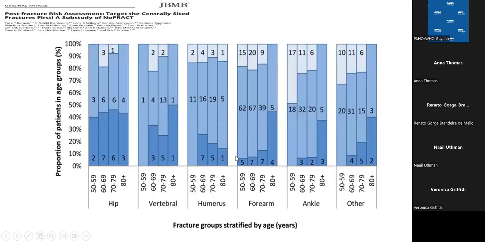But something I want to share with you. We usually think about fracture associated with osteoporosis. But as you can see here, most fractures occur in patients without osteoporosis.